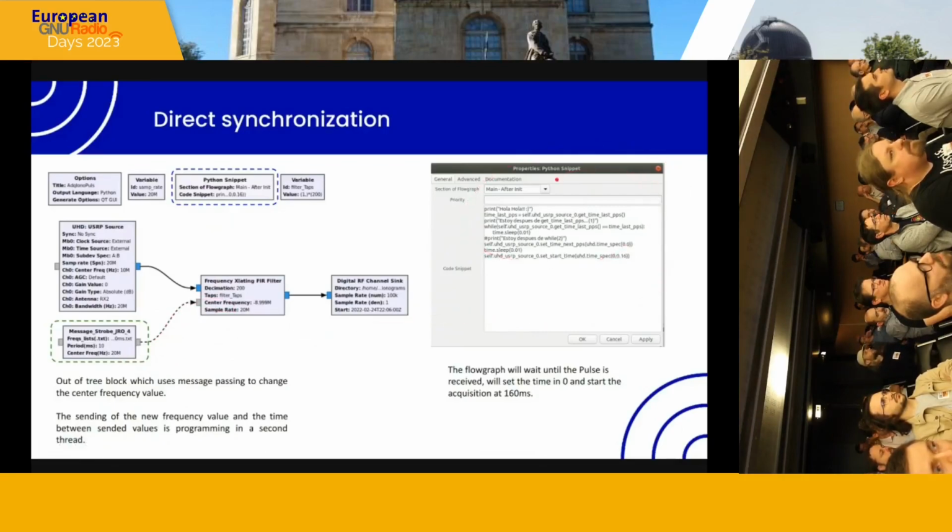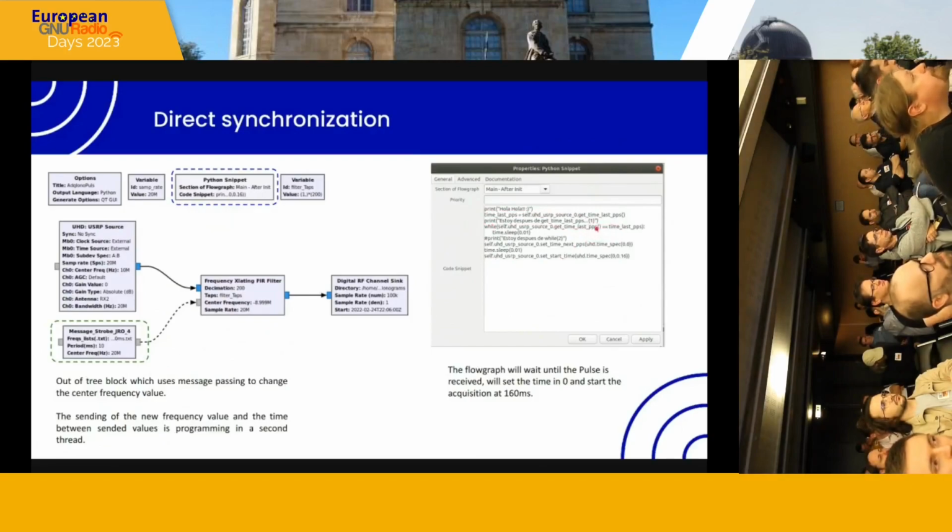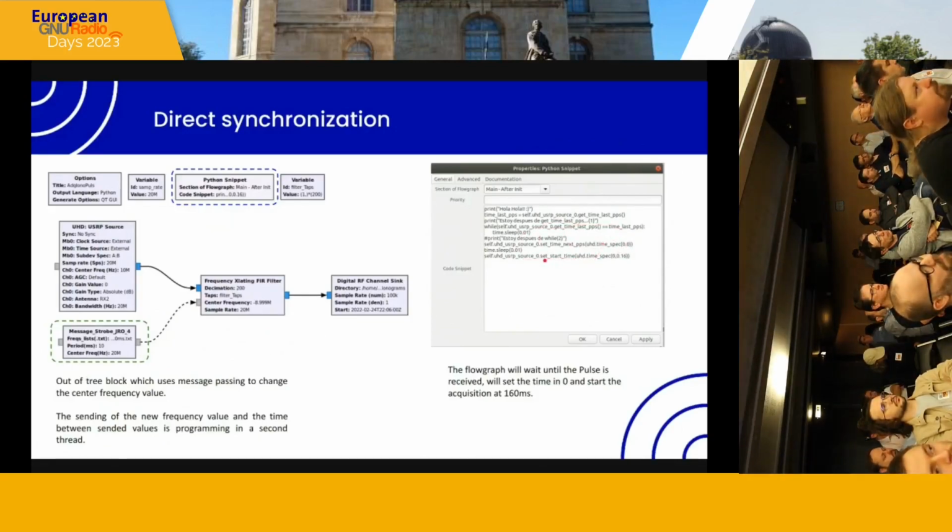If we see the part of synchronization, the main idea is to wait for that pulse. So we will create a while loop that waits until the pulse is generated, and when it's generated, we will set the USRP register time at 0 and we will start the acquisition 160 milliseconds after the pulse is received.